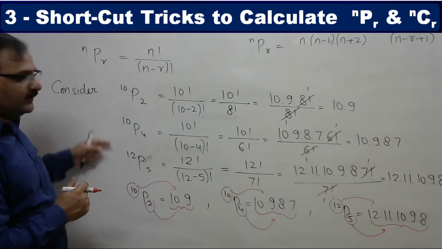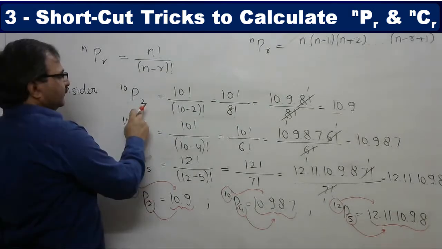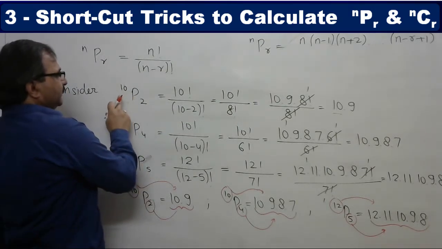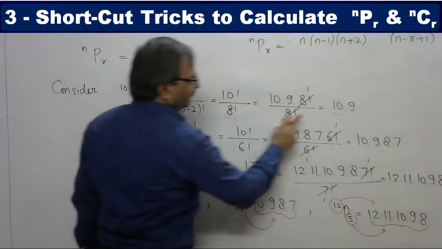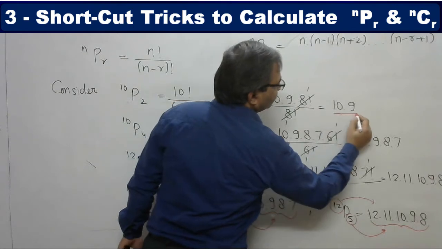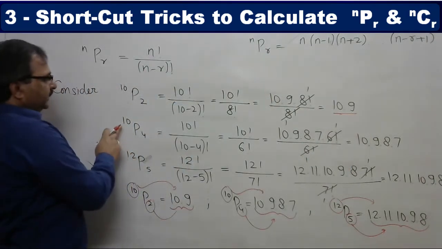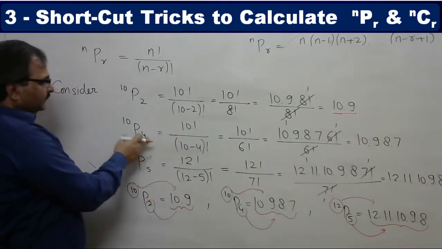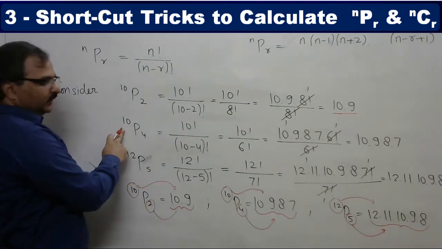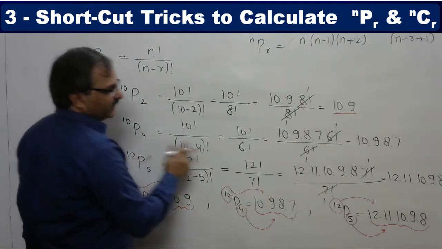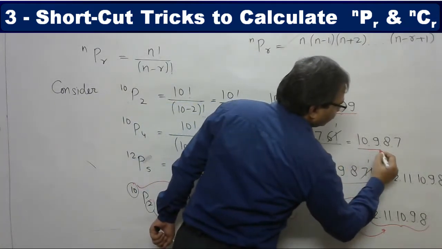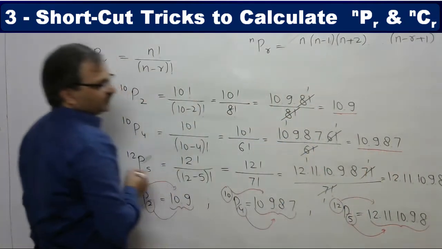Now consider the examples that we have taken. So for this, starting with 10 in decreasing order, we will find out the product of just two numbers, and that will be 10 into 9. For the second, 10P4, again starting with 10 in the decreasing order, we will find the product of four natural numbers, and that will give you 10 into 9 into 8 into 7.